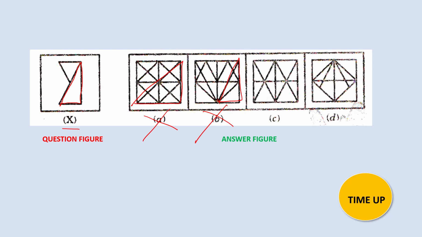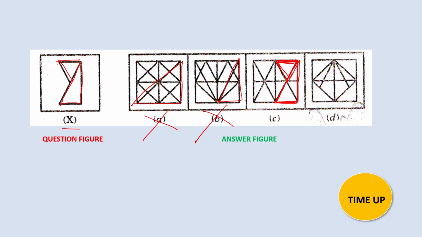Now check option C. If you check option C, you get this triangle here, correct? And then we need an obtuse triangle, which is inverted. So here we can see an obtuse triangle, which is inverted, correct? Can you see this?